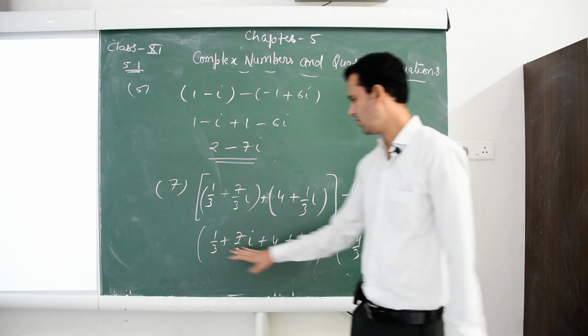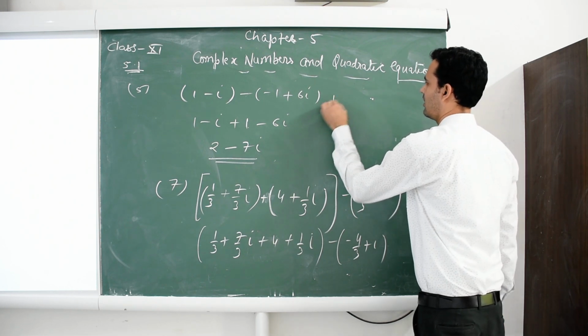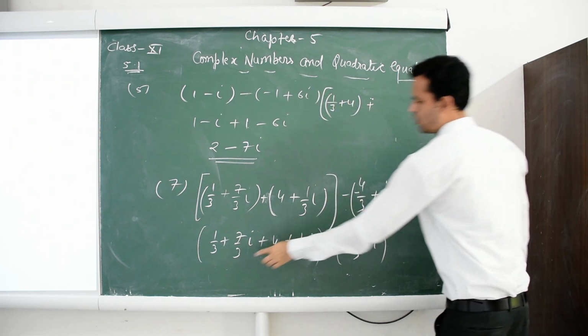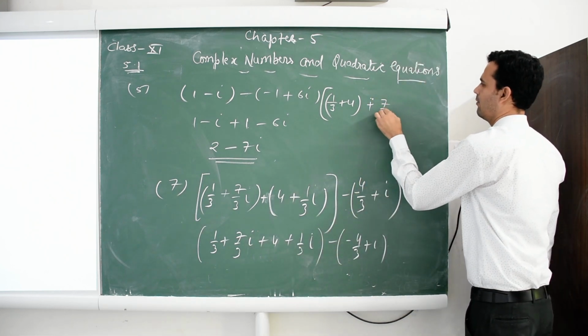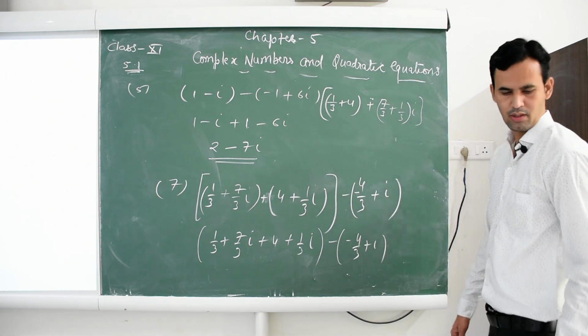We take the real terms, 1 by 3 plus 4, and the two imaginary terms, 7 by 3 plus 1 by 3, taking I common.